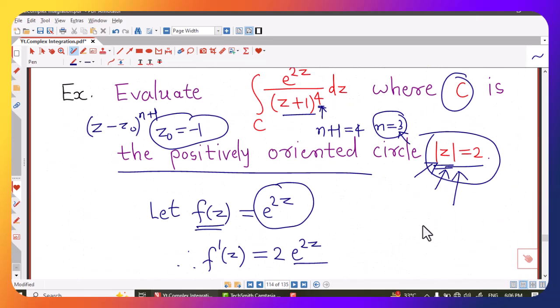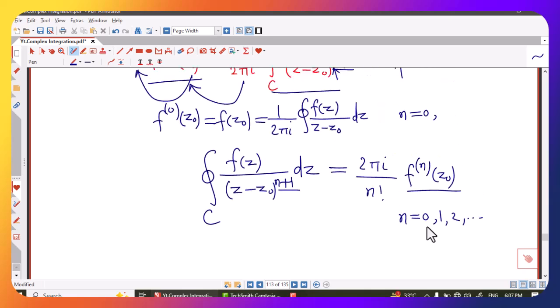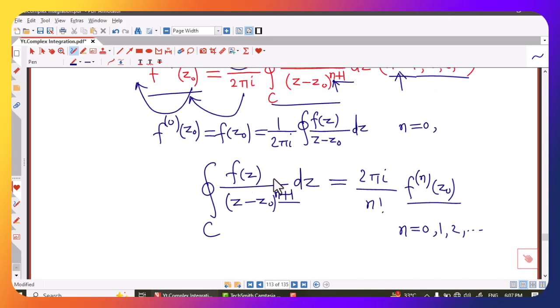So remember this formula also, extension of Cauchy-Integral formula, that integral of f of z divided by z minus z0 to the power n plus 1 is equal to 2 pi I in the numerator, and here we have n factorial and nth derivative of f at z0 if power is n plus 1 here.